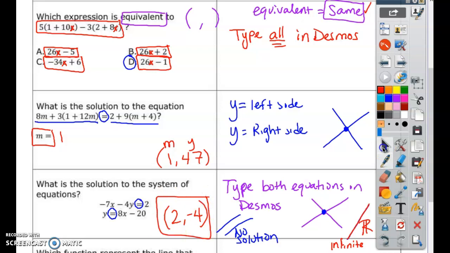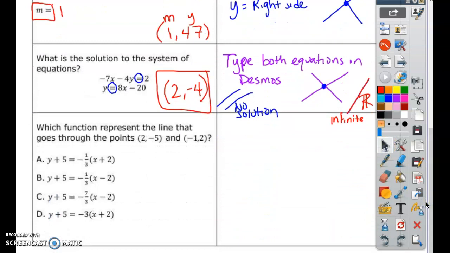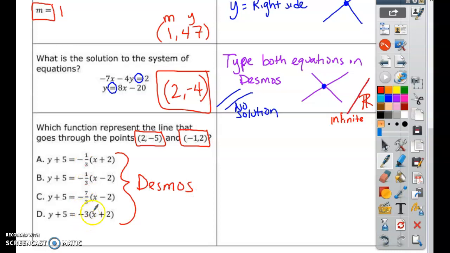Okay? And then the last one is saying which function represents the line that goes through these points. So what we're going to do is I'm going to type this point in Desmos, type this point in Desmos, and type all of my answers in Desmos. Because one of these equations goes through both of these points. So we need to see which one goes through both points.